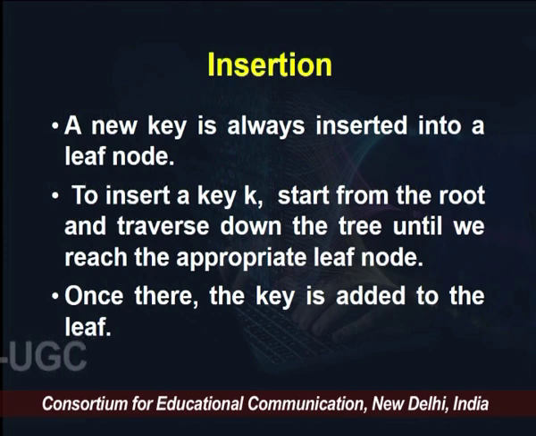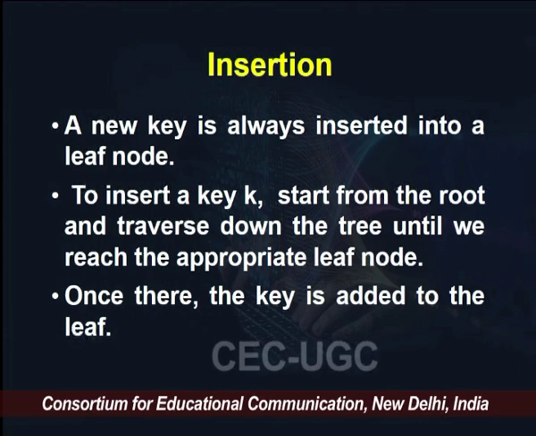That means we first need to search for the appropriate position of the key k to be inserted, and once we have found that position, the key will be added to the leaf. Now, in a B tree, we have a predefined range for the number of keys a node can hold.